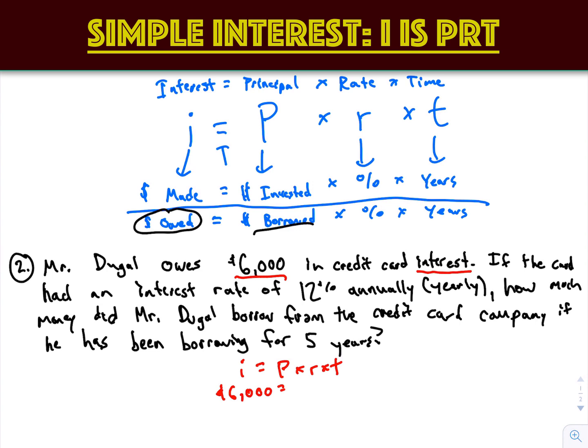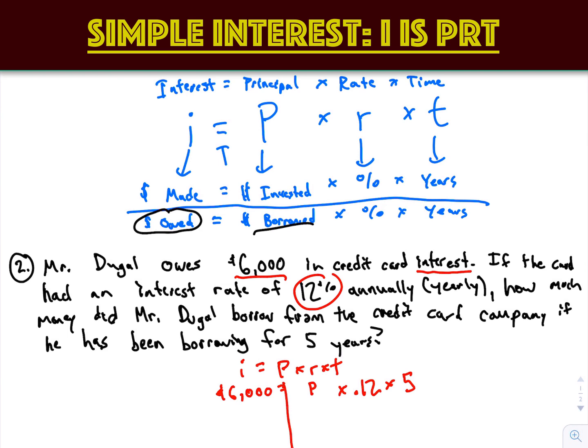Whenever they give us interest, there's an extra step involved compared to if I'm looking for interest. If the card had an interest rate of 12% annually, so this is my percent, that's going to go in the middle there. 12% as a decimal is 0.12. How much money did Mr. Dugal borrow from the credit card company if he has been borrowing for 5 years? There's my time, which means I am solving for P.